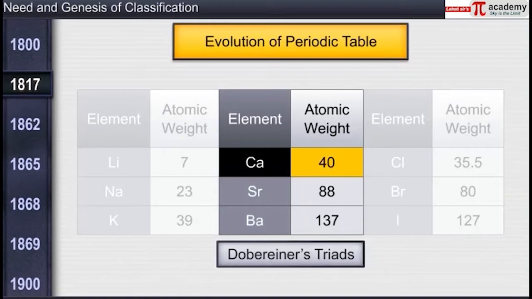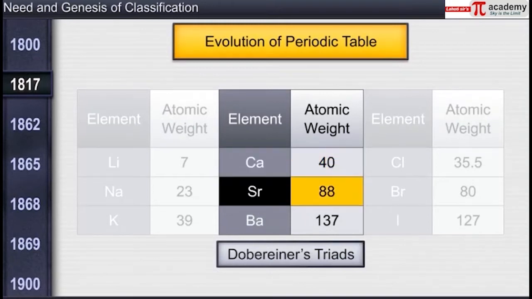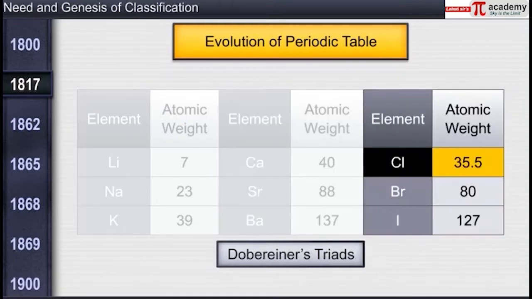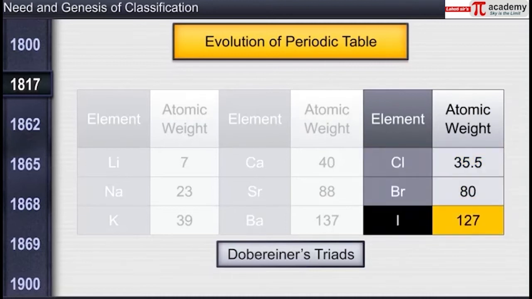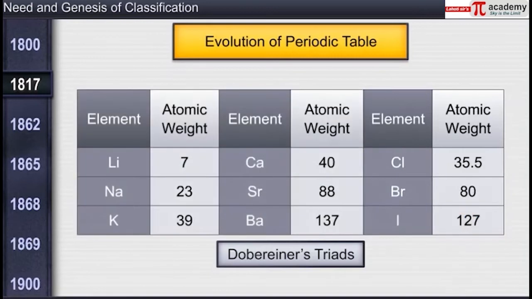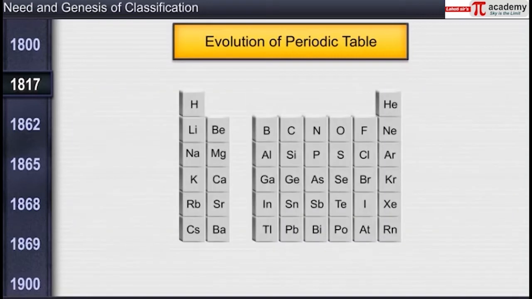Similarly, calcium, strontium, barium, and chlorine, bromine, iodine also formed triads. However, as Dobereiner's law of triads seemed to work only for a few of the known elements, it was dismissed as mere coincidence.